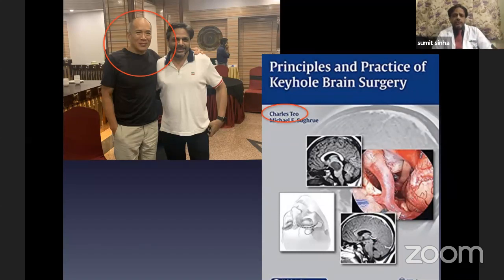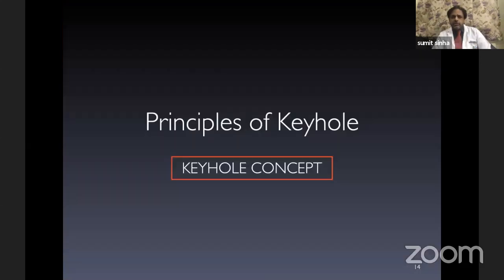Learning from him and being with him has been a great pleasure for me for the last 7 or 8 years. Most of the practice of keyhole brain surgery comes from these two gentlemen on this planet, and I dedicate my practice and my learnings to the teachings of these great people.